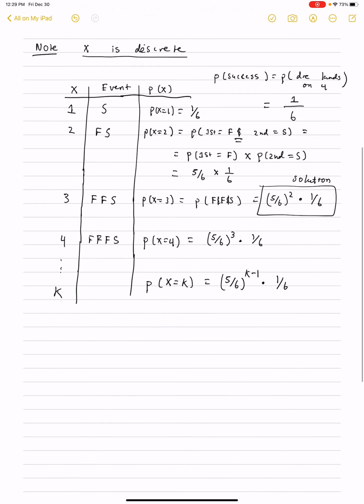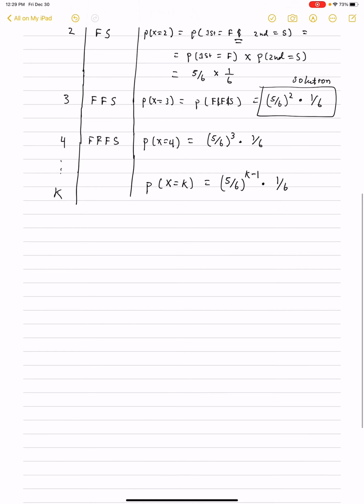So this is a slightly generalized formula, but we can take it one step further. In general, if our random variable X is the number of trials, or tosses of a die in this instance, so k is the number of trials until we needed one success, until the first success.